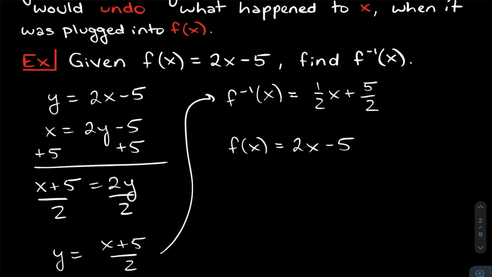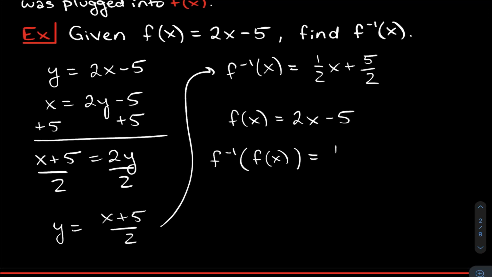And what we're going to do is make f of x go inside of f inverse of x. This guy is going to be the input of f inverse. And so we know that f inverse is 1/2 times x plus 5 halves. So we'd have 1/2 times, instead of x, now we have f of x. And so we put that in there.